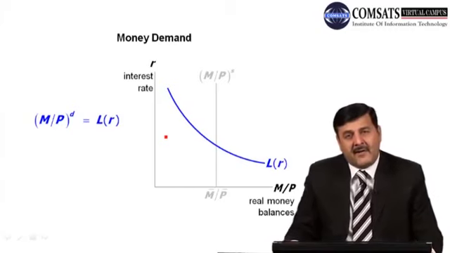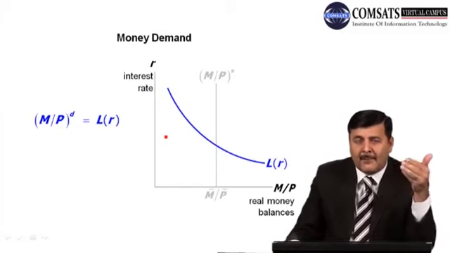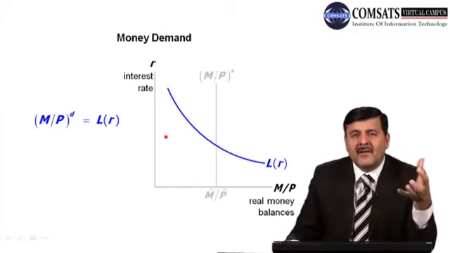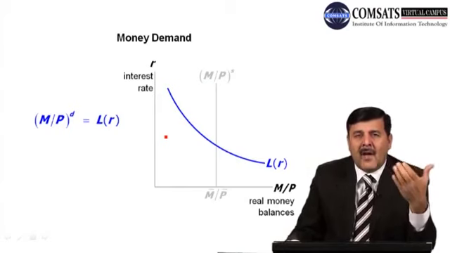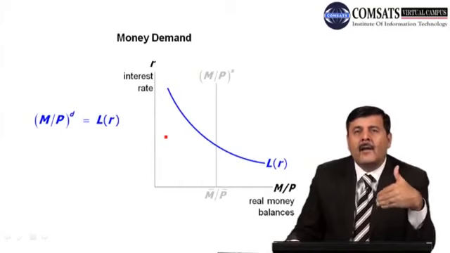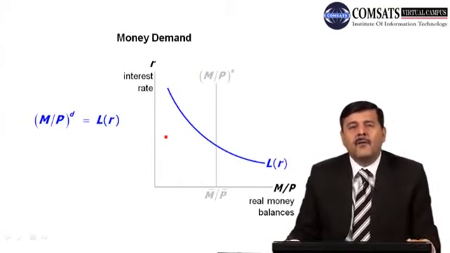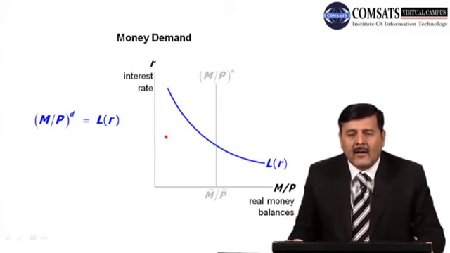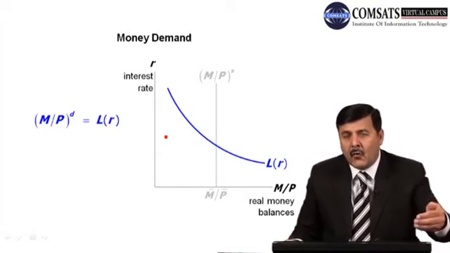Now when the rate of interest goes up, what will happen? The people would prefer to deposit their money with the banks instead of holding money with them. So the demand for money goes down. And if the rate of interest goes down, people would prefer to hold money or keep money with themselves. So the demand for money goes up.